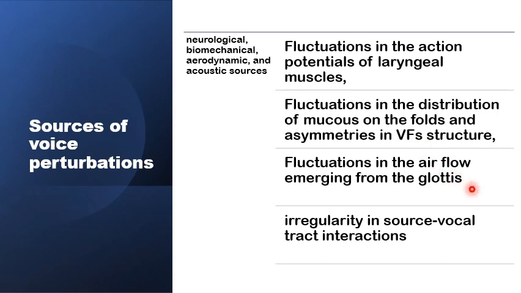There can also be fluctuation in the airflow emerging from the glottis with each glottal cycle, and there can be irregularities in the interaction between the source, the glottal signal, and the vocal tract.